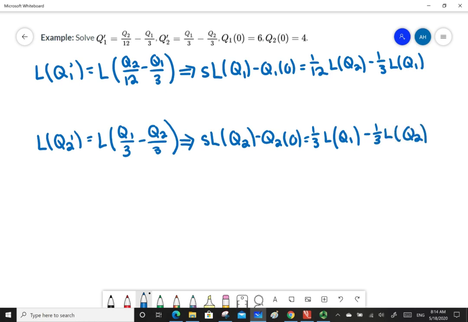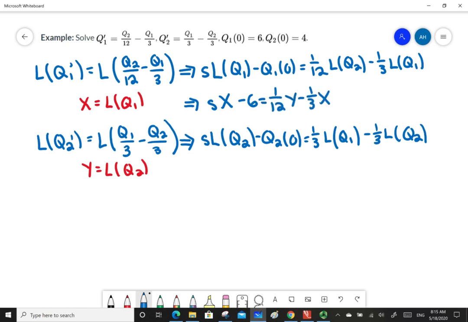Now for convenience, I'm going to let x equal the Laplace transform of Q1 and y equal the Laplace transform of Q2. Making those replacements and plugging in the initial conditions that Q1 of 0 equals 6 and Q2 of 0 equals 4 gives the equations s times x minus 6 equals 1/12 y minus 1/3 x, or s plus 1/3 x minus 1/12 y equals 6.